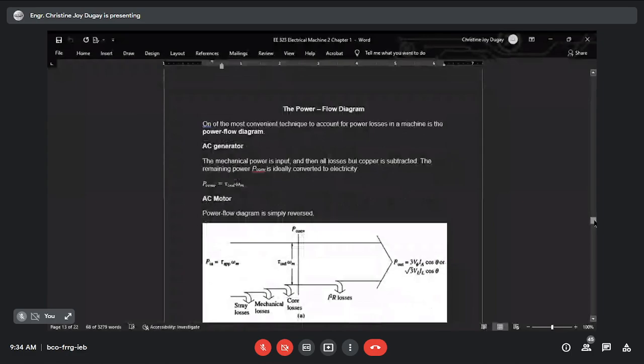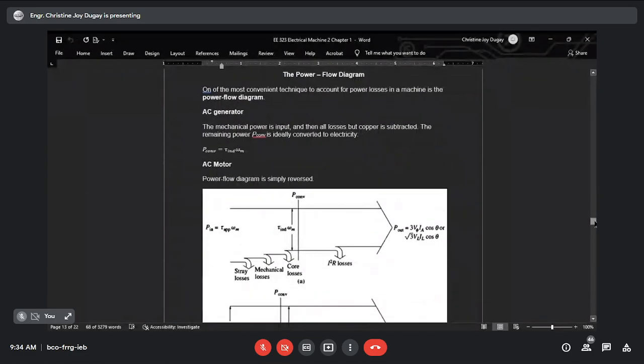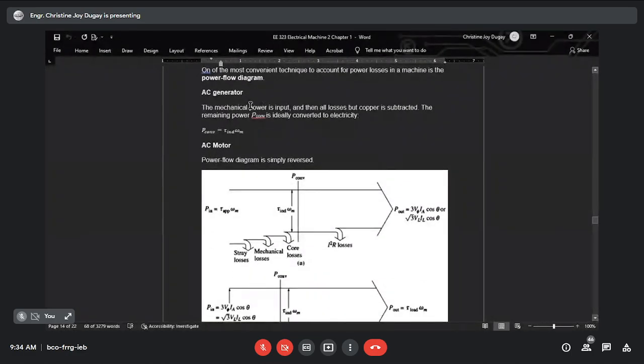So for the power flow diagram, we have here the AC generator. You will notice we have stray losses, mechanical losses, and core losses from the P input, before it is converted. Then we will have P converted. Before it gives an output, you have the I squared R losses, or the copper losses.